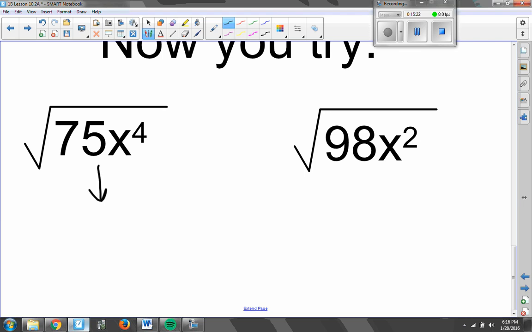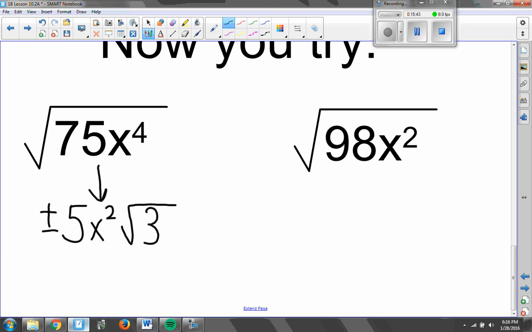This answer should be plus or minus 5x squared times the square root of 3. Split the 75 into 25 and 3. 25 and 3. Square root of x to the fourth is x squared.